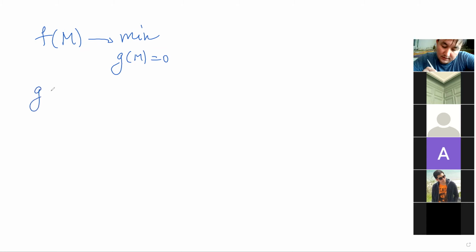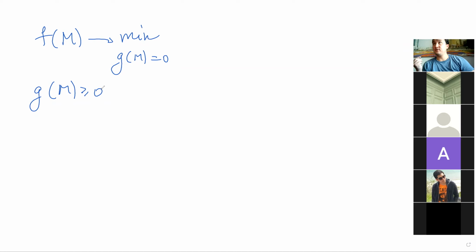It's a well-known fact from optimization: suppose that you are trying to solve a problem, minimizing some function f of m, on the condition that another function g is equal to 0. Suppose that g is always non-negative, but you want to minimize the function given that g of m is equal to 0.